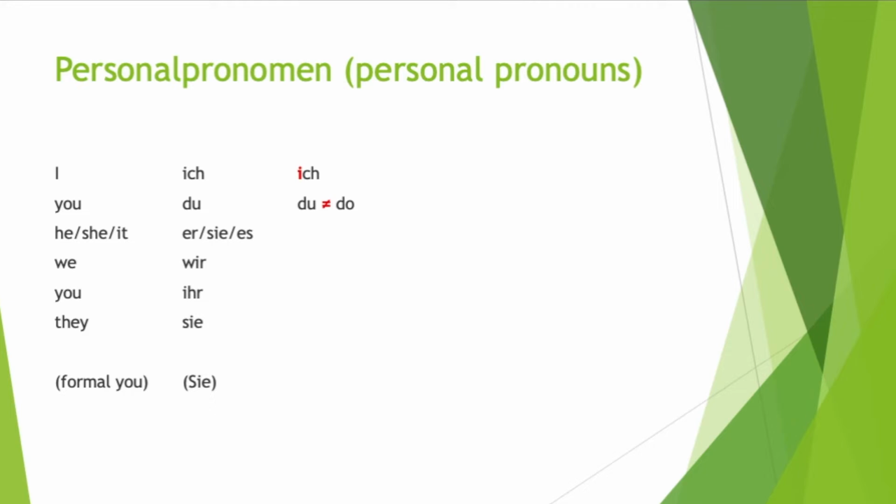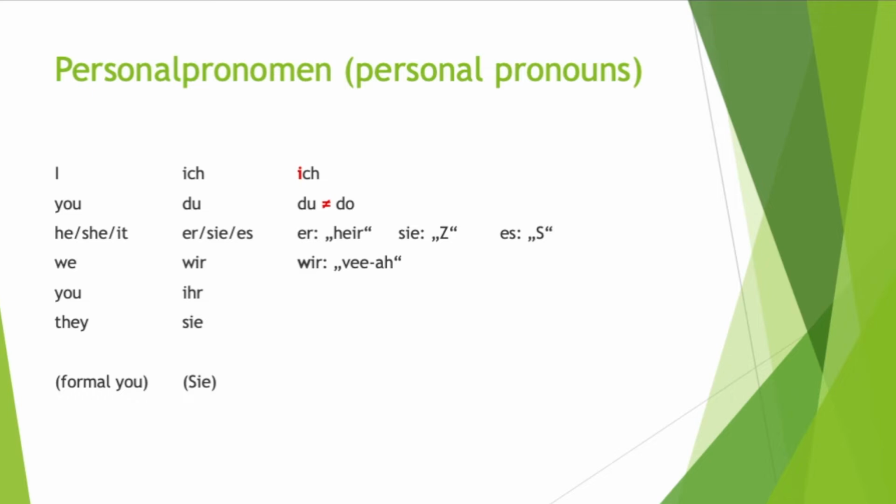Now let's get to er, sie, es. He, she, it. Er sounds a bit like the British pronunciation of heir, like the person who inherits something. Sie sounds exactly like the last letter of the alphabet if an American says it, zee. And es is pronounced exactly like the letter S. Wir starts with a W, just like we, but we pronounce every W like a V, so it's wir, okay?